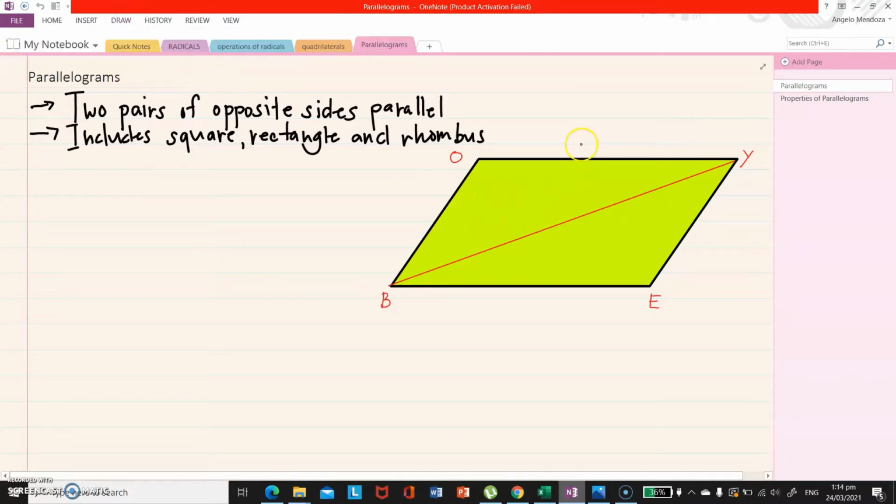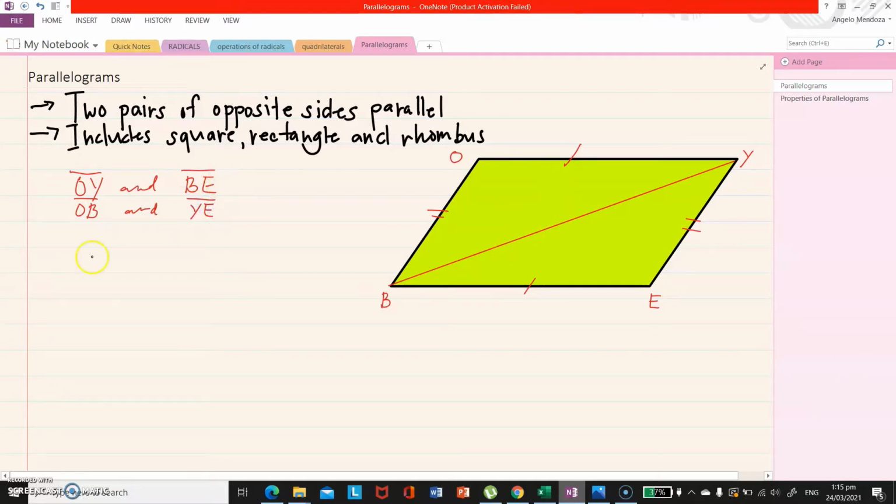So, let's say this side and this side. So, you have, since opposite side yan, we're going to use line segment. So, line segment OY and line segment BE. Yan. Then, the other pair will be this side. So that is line segment OB and line segment YE.